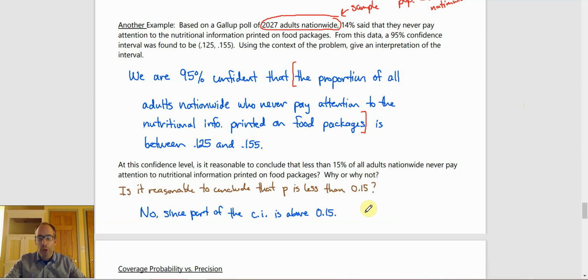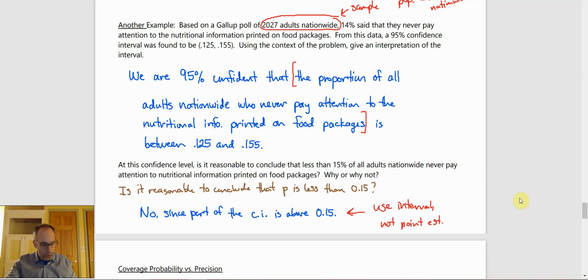But you got to look at the whole interval, not just the point estimate. So that is the big thing there. So to answer these correctly, that's what I would say, because these come up. So I would say use interval, not point estimate.